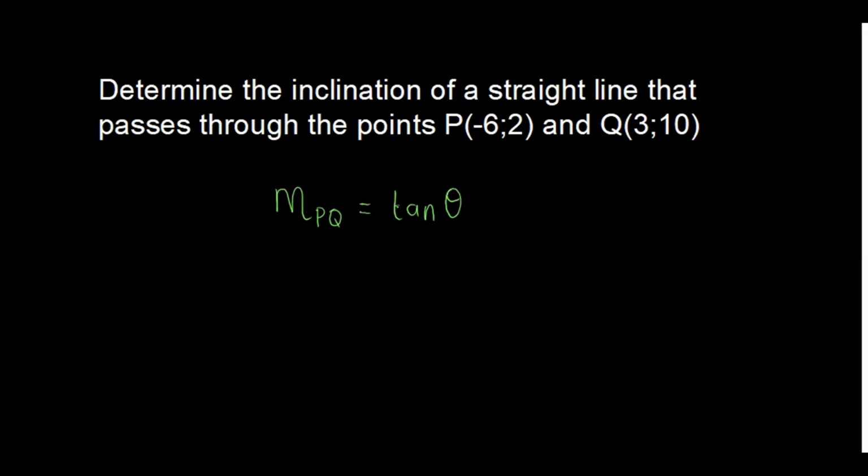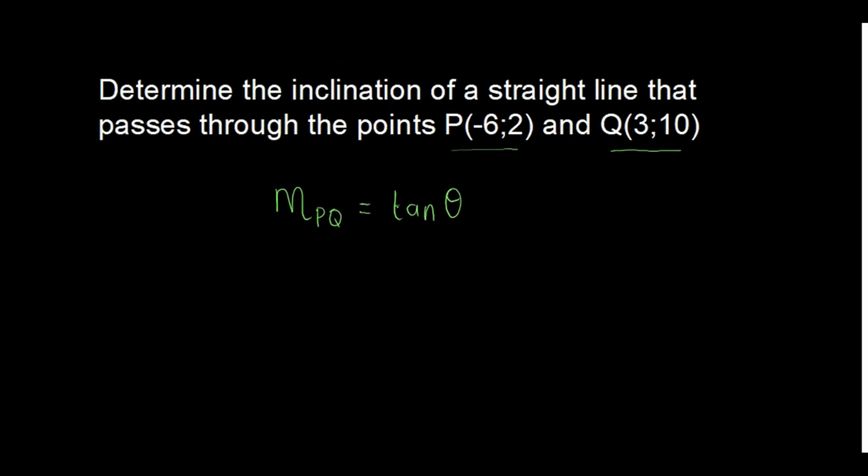So we can simply calculate the gradient of this line, and that will help us to determine the angle of inclination, because we already know that it's equal to our gradient. Okay, so let's get cracking.